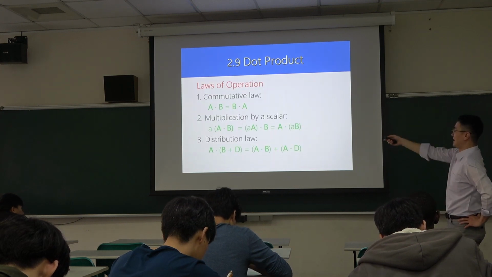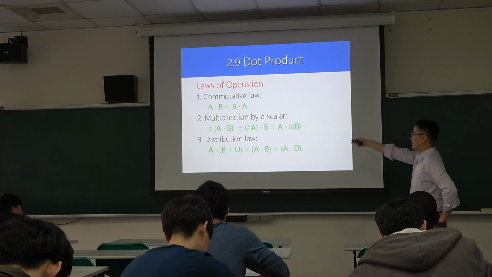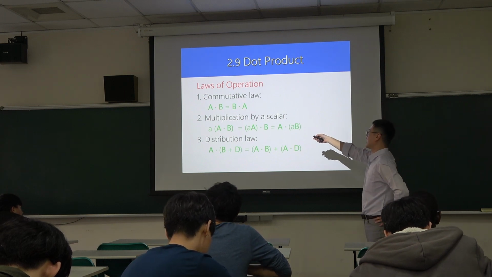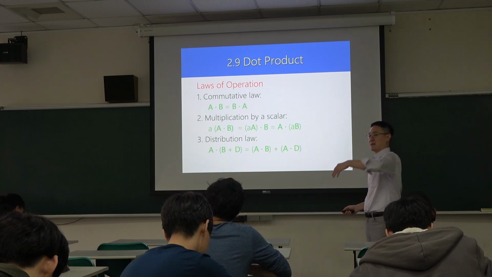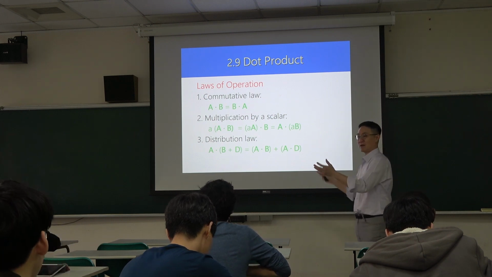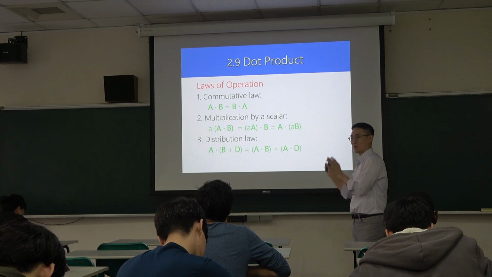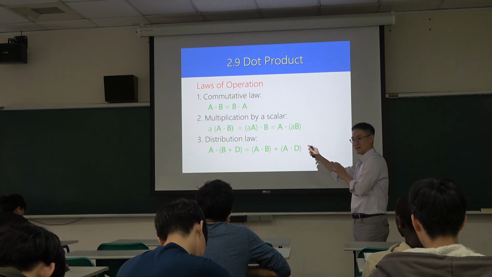Then for the laws of operation, A dot B equals B dot A because they are values. So we can work out like this.